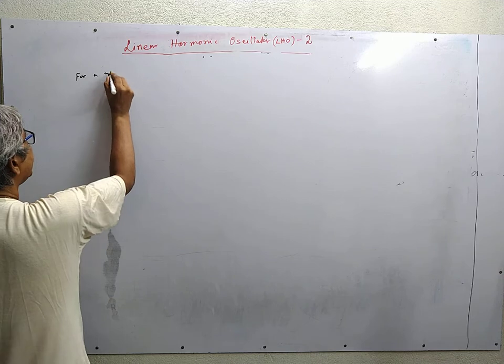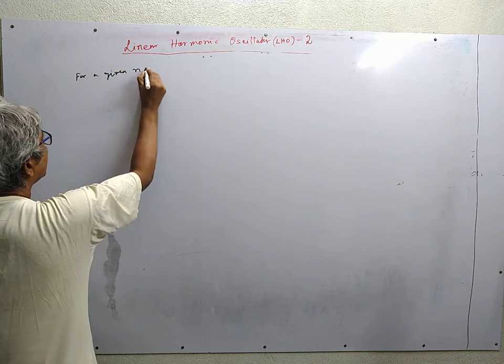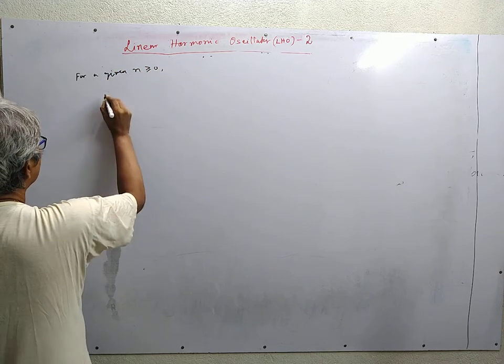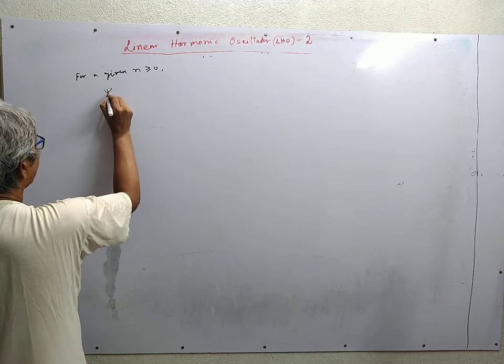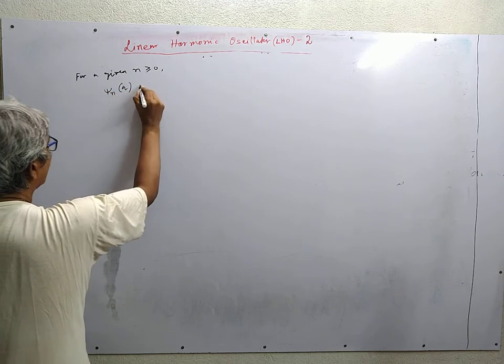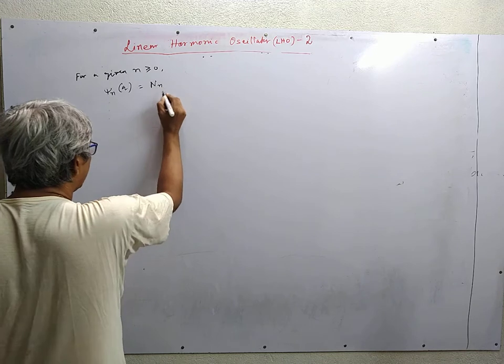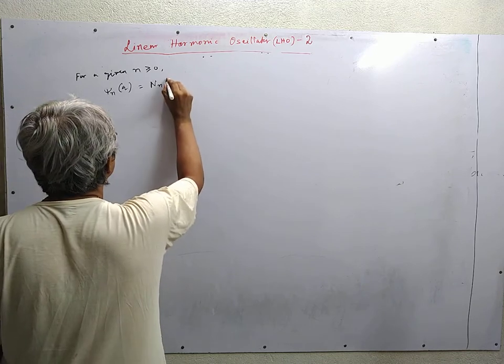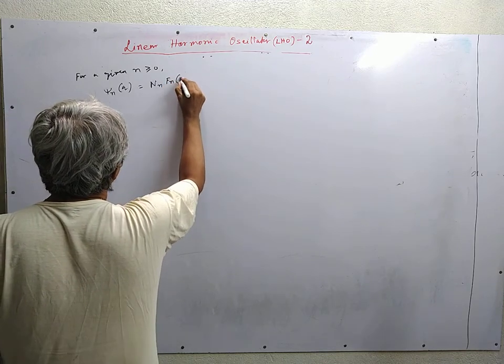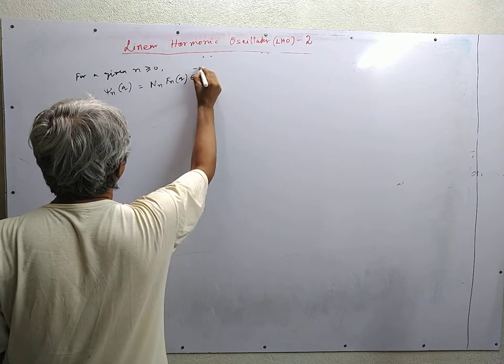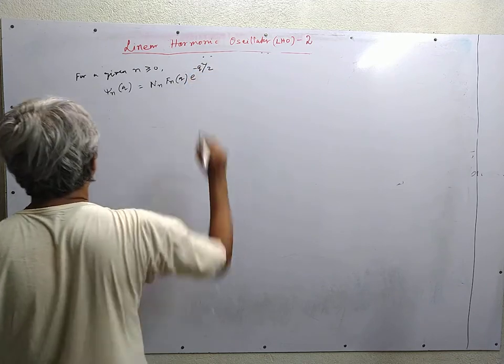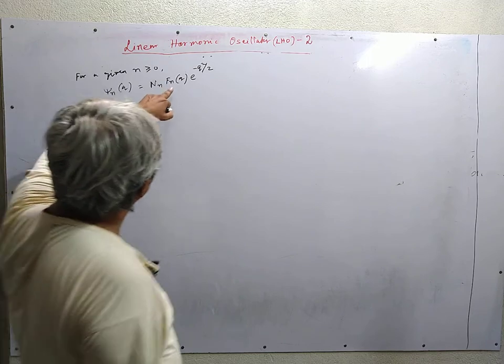For a given n, the wave function phi n of q is equal to some constant N n, the normalization constant, times F n of q times e to the power minus q square by 2.